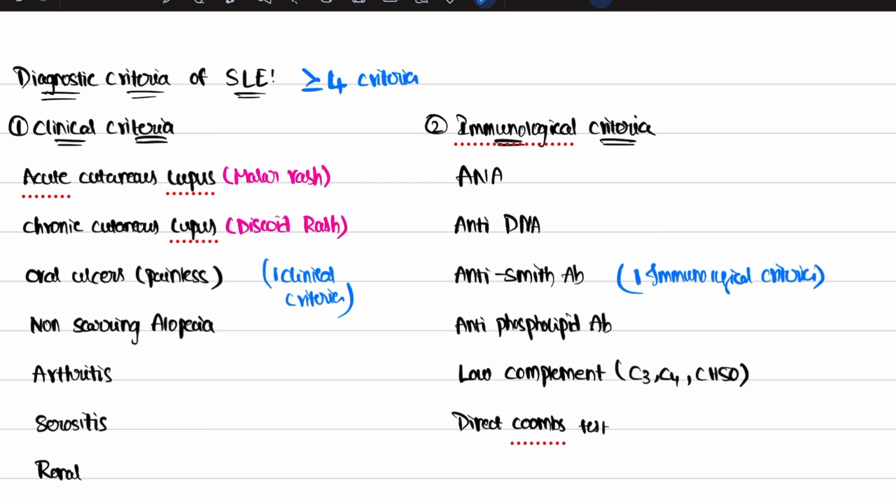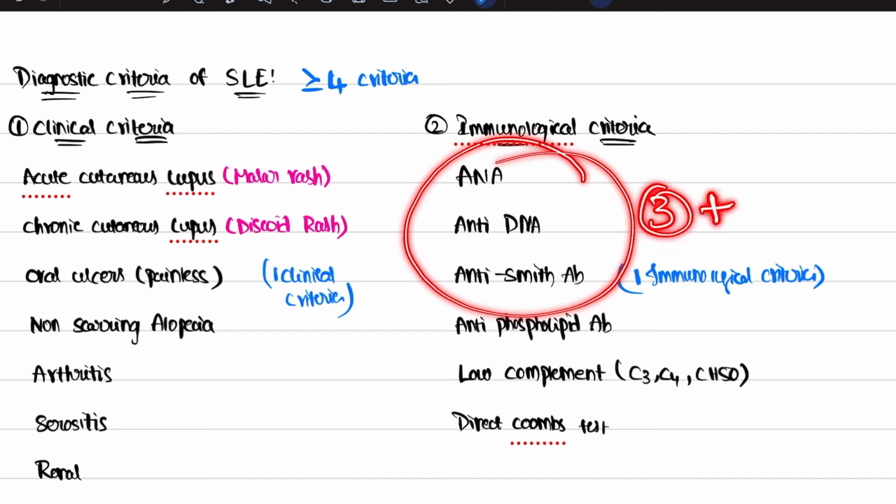Or else, if the patient doesn't have many clinical manifestations but has more immunological features, like ANA, anti-DNA antibodies and anti-Smith antibodies, all 3 present in the immunological criteria, and only malar rash is present, then the patient also has 4, so the criteria is enough.